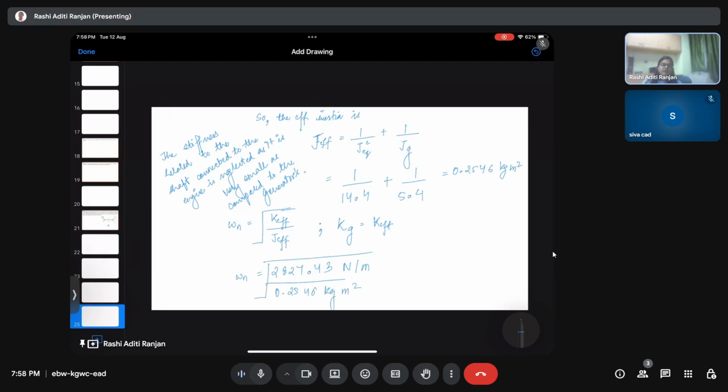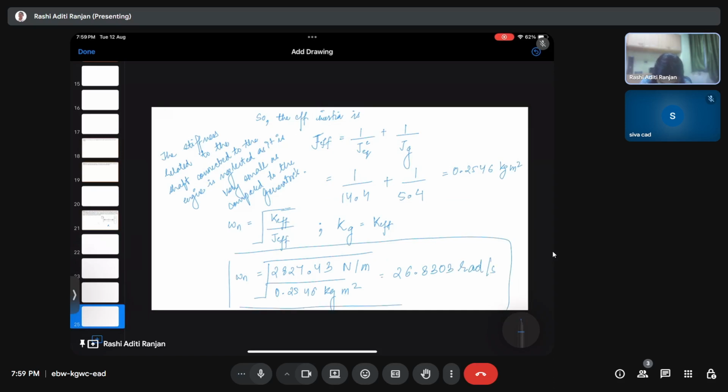So if you evaluate this, I've already done the calculation. It will turn out to be 26.8303 radians per second.